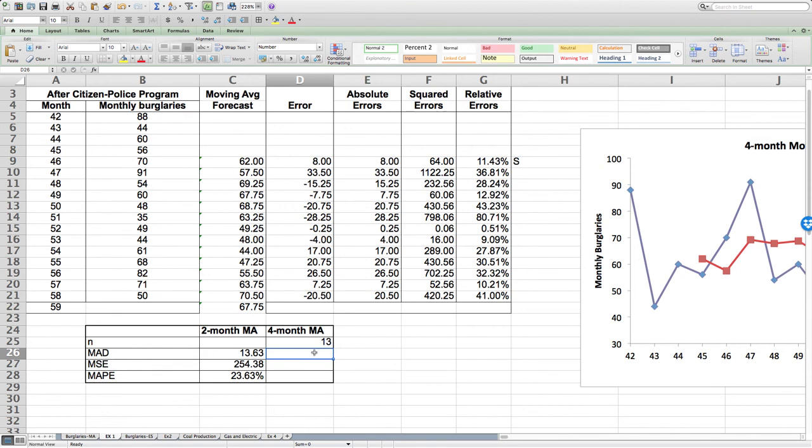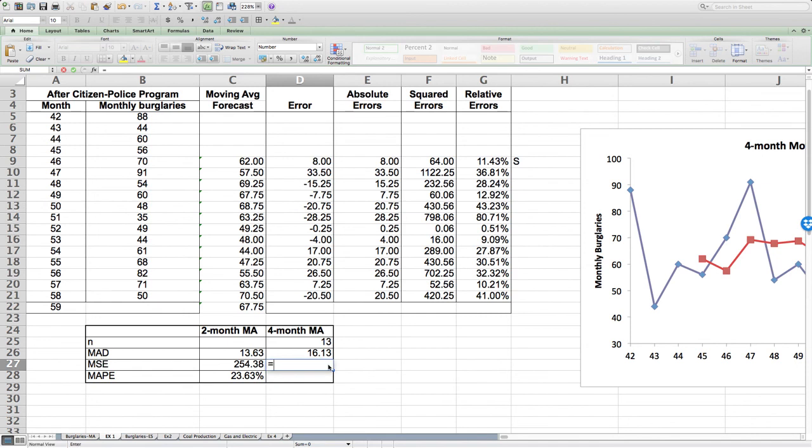And then MAD, remember, it is the sum of, if you type sum in parentheses, you will have to add errors in absolute value and divide this number by this guy n. Okay, that's 16.13.